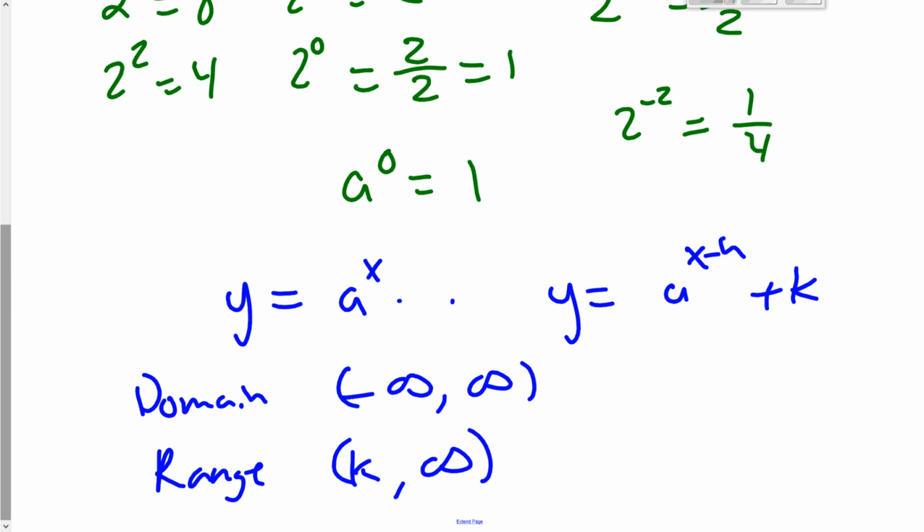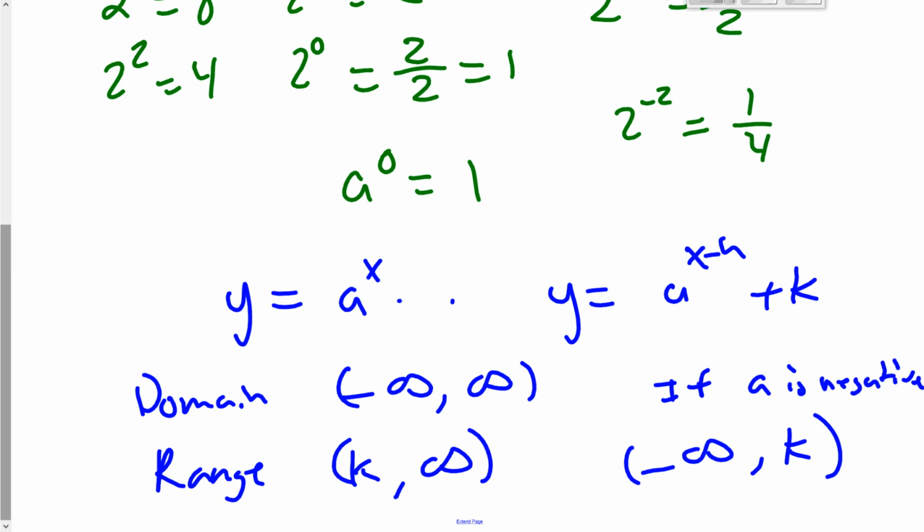So if it's a negative in front of the a, then it would be from k down to negative infinity, or it would be from negative infinity up to k if a is negative. Okay, that would be our range. Our domain would still be the same, negative infinity to infinity. And that a being negative would be in front, right?